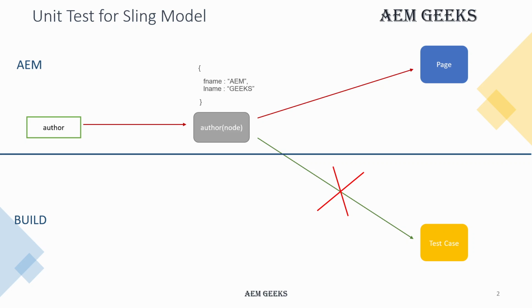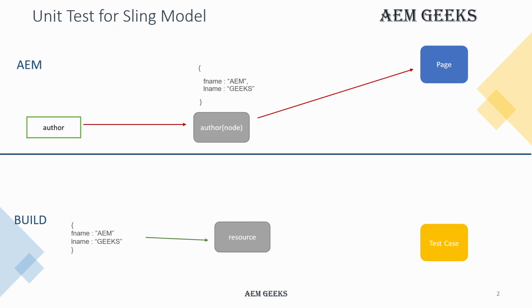Those should be available. For that, we completely remove this connection. The same properties that we have on that component resource, we create in a JSON. Then there are a few third-party APIs available; using those APIs, we convert that JSON to a complete resource.